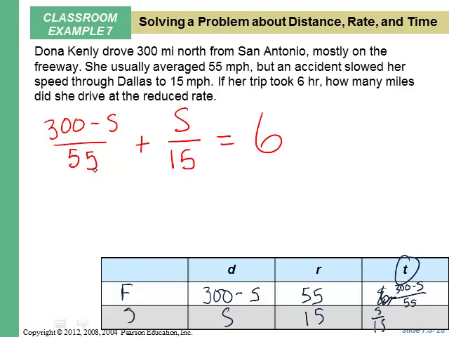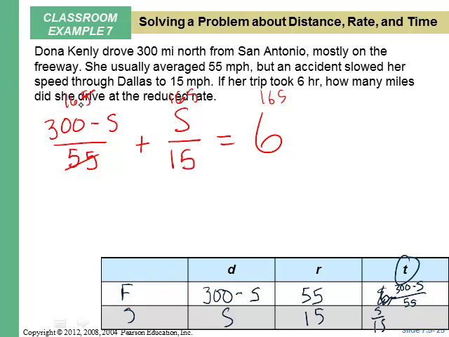Now, our common denominator for 55 and 15, let's see, 11, 33, 165. So multiply everything by 165.